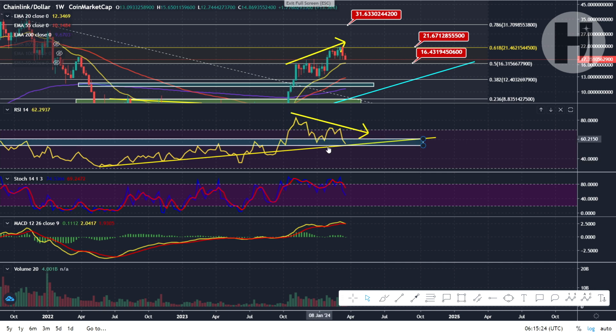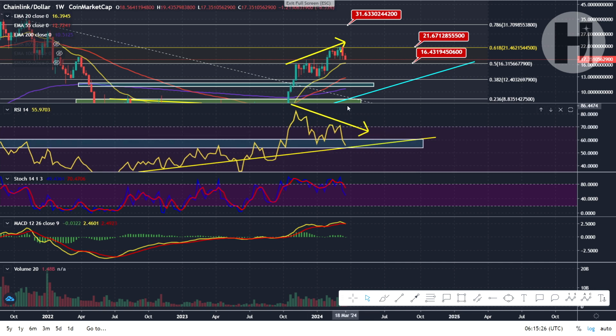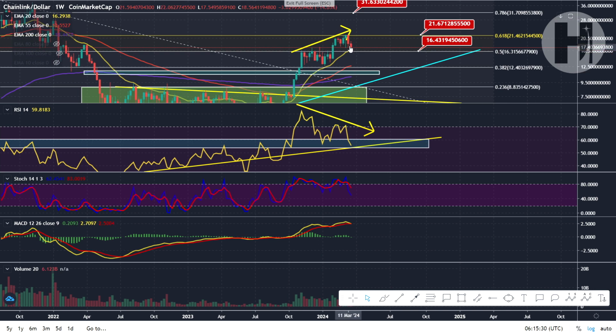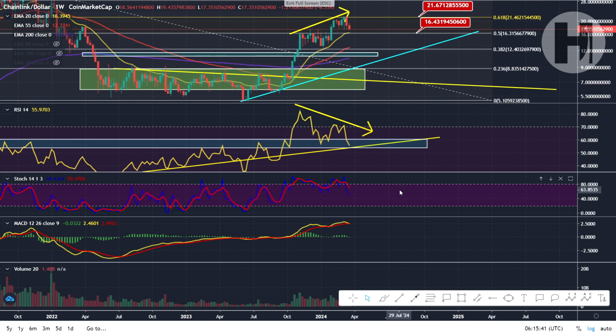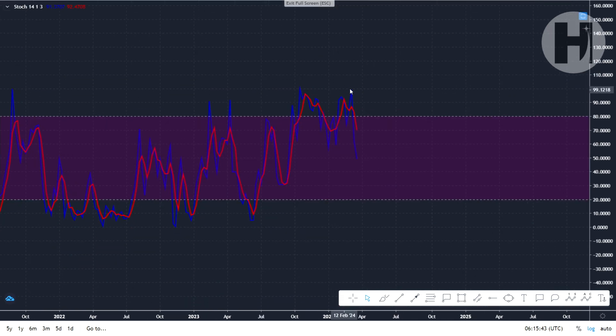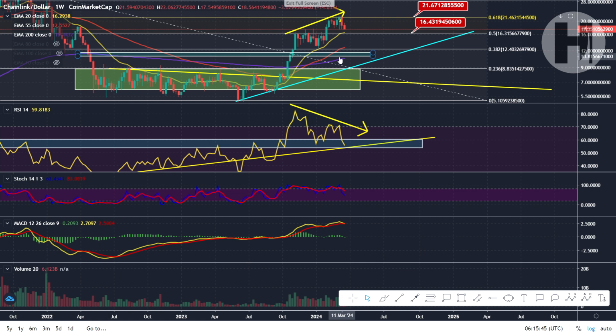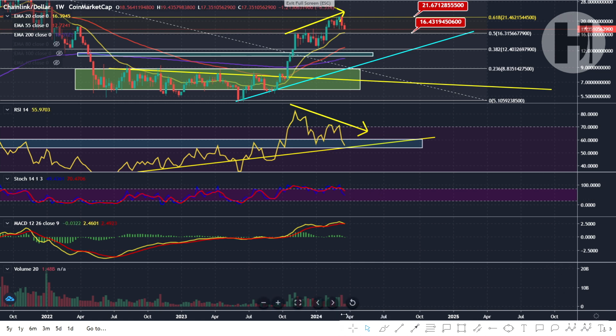I'm gonna have to make that clear to you guys. We could see a bit of a stronger sell-off here for Chainlink, although it has been performing very well. I don't think the buyers are gonna let Chainlink drop anywhere below the 200 EMA. That's at least what I think. So that's your worst case scenario, the 200 EMA on the weekly retest. Worst case scenario, in my opinion, but of course I could be wrong.